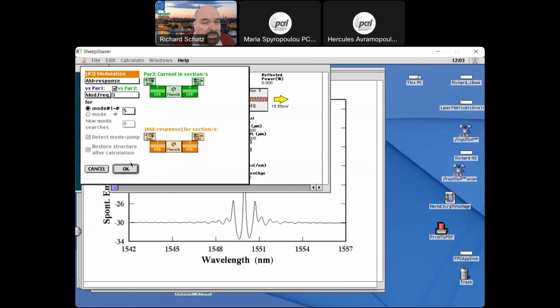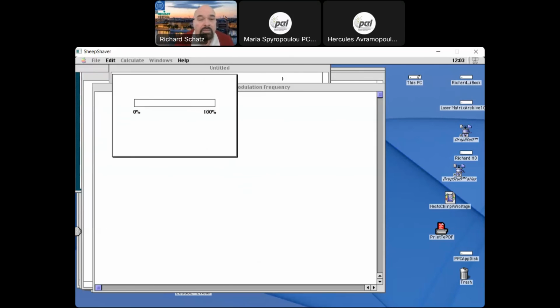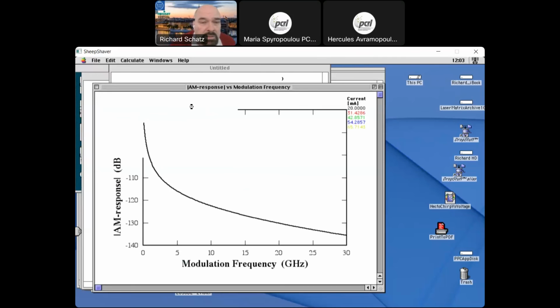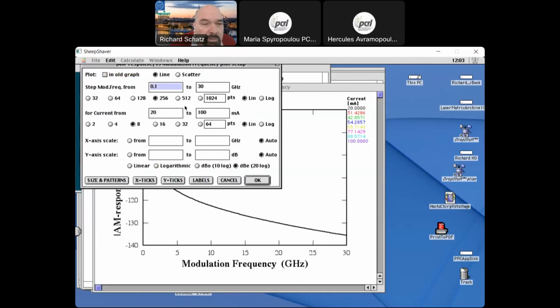It's a single mode laser, so it will not change anything. And then I think it will not be so high, so I go up to 30 gigahertz, and I change the current from 30, which is around threshold, up to 100 milliamp. And then I click on return here, and then I went from 20 apparently, which is below threshold. I will go again and go from 30 milliamp here.